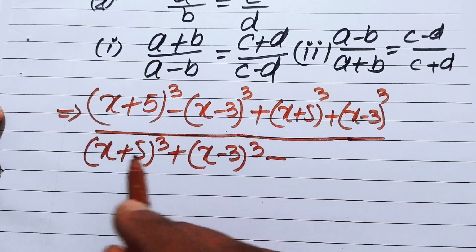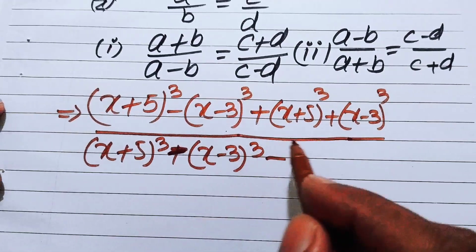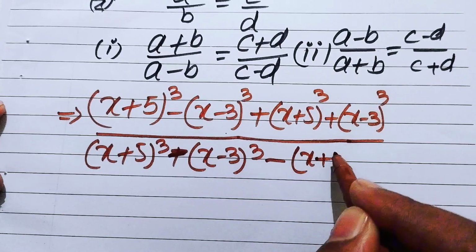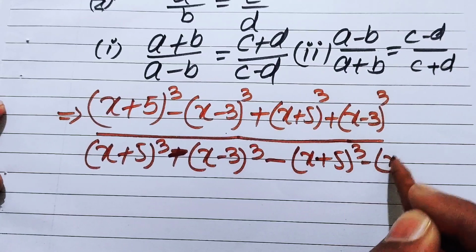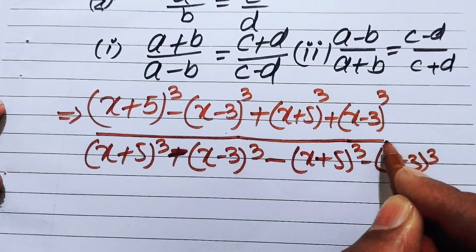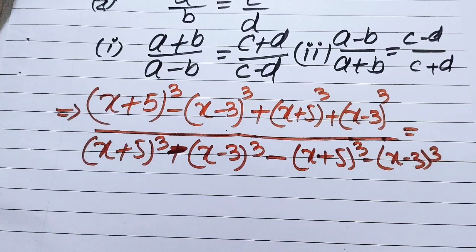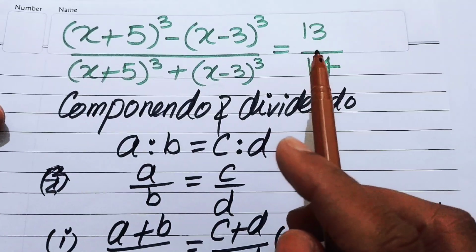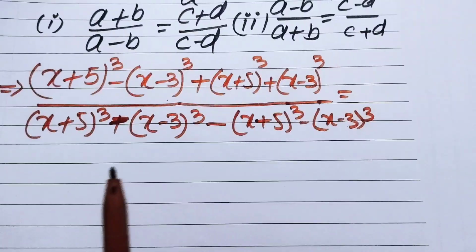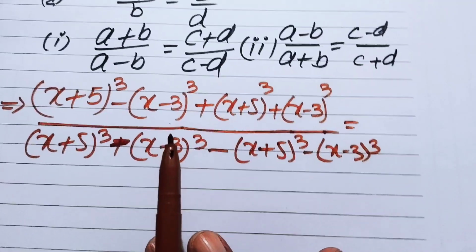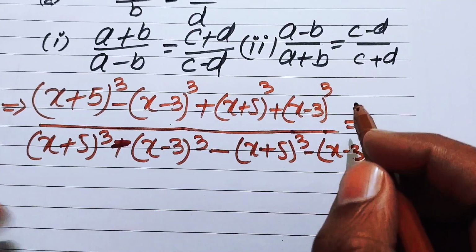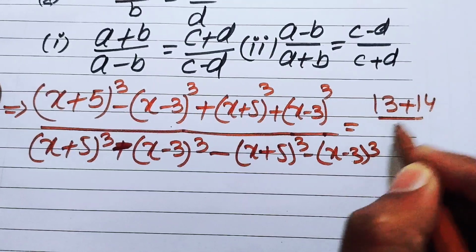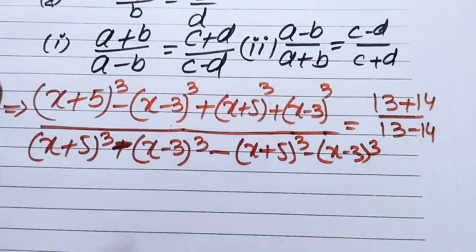So we obtain (x+5)³ − (x−3)³. We apply the same definition on the right-hand side, where we have 13 over 14, and we obtain (13+14) over (13−14).